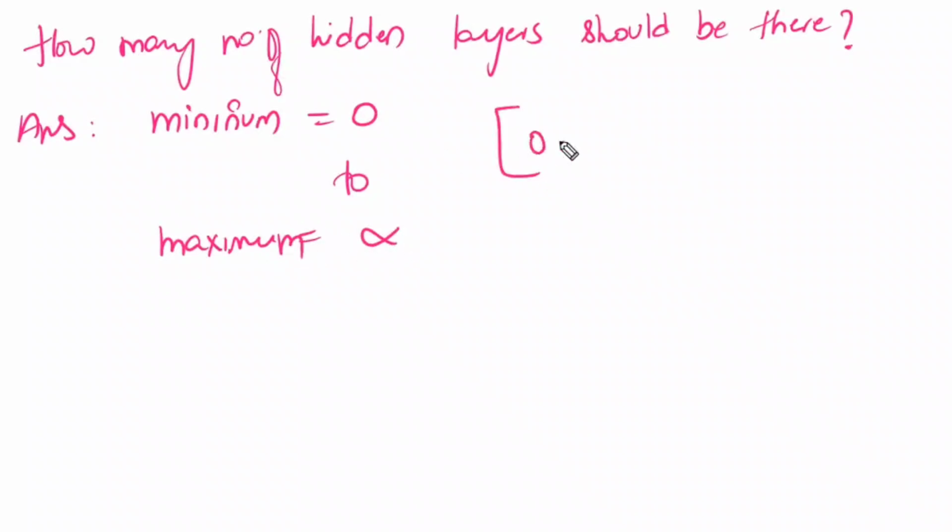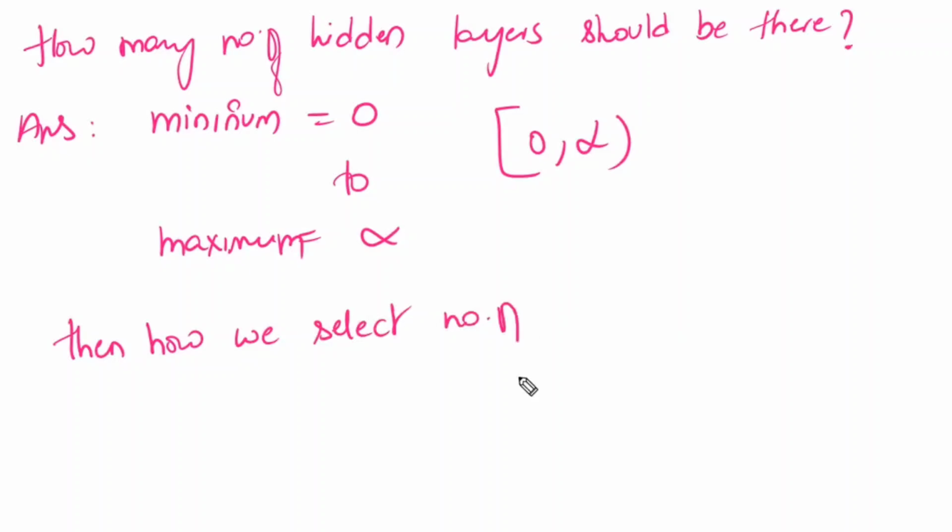The value is from 0 to infinite. If you take 0, it is called a perceptron model. Up to infinite can be there. Then how are we going to select the number of hidden layers for the data?